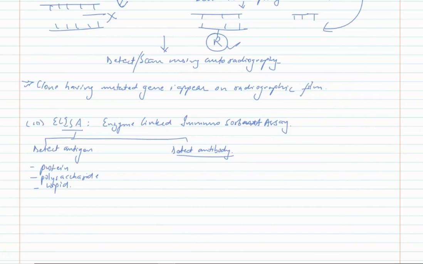How this is done is, for example, we are trying to detect the antigen. So what we will do is, we will take a slide which has been coated with an antibody against this particular antigen.